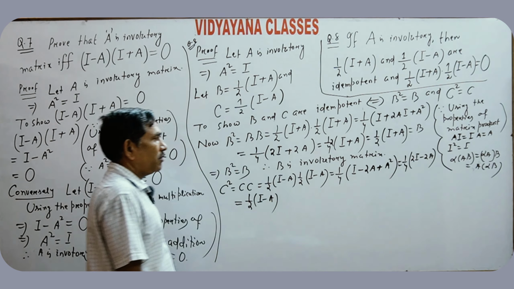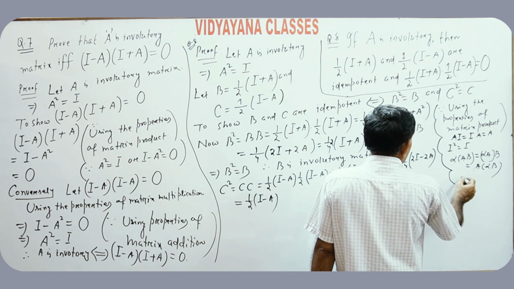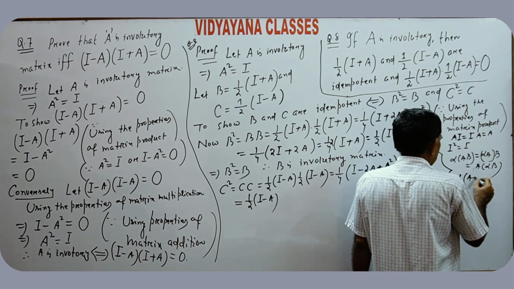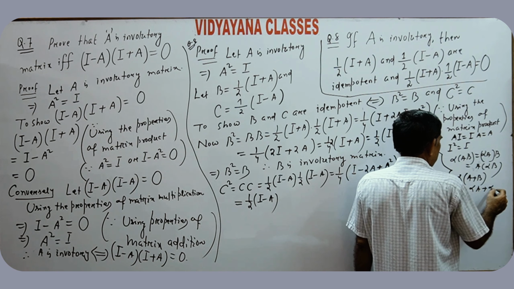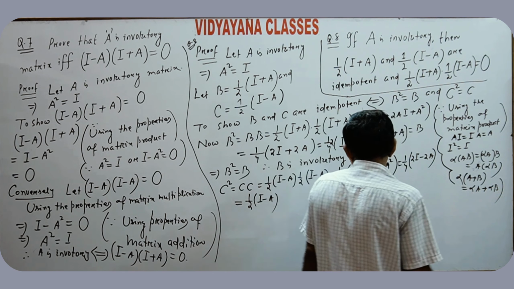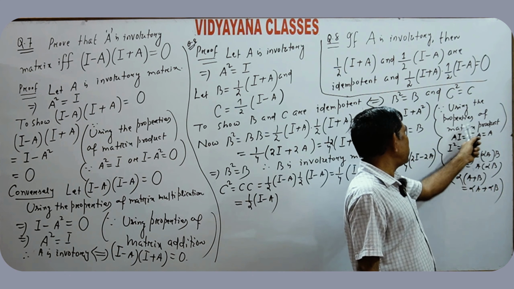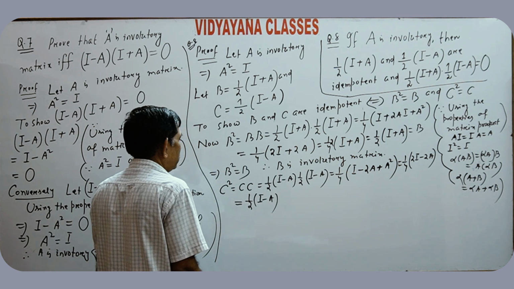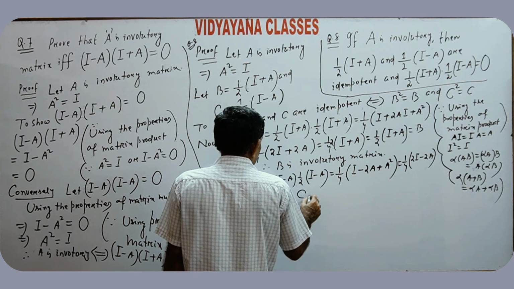Since matrix product is distributive with respect to scalar, these are the properties of matrix product: alpha into (A plus B) equals alpha A plus alpha B. Using the properties of a matrix product, half (I minus A) is equal to this, which is equal to capital C.